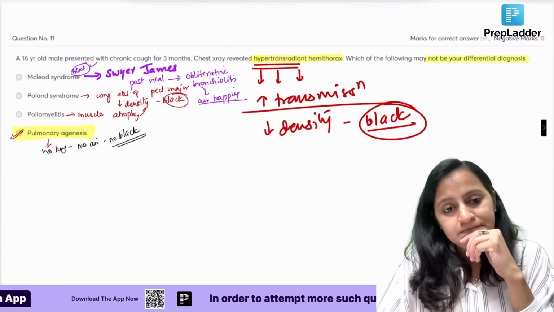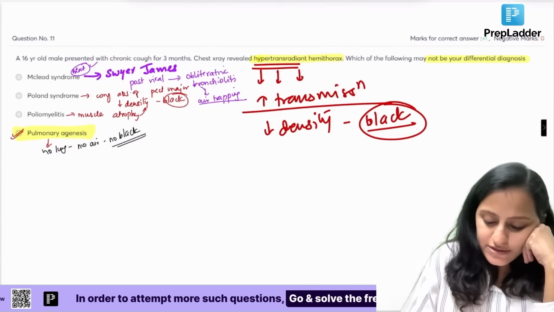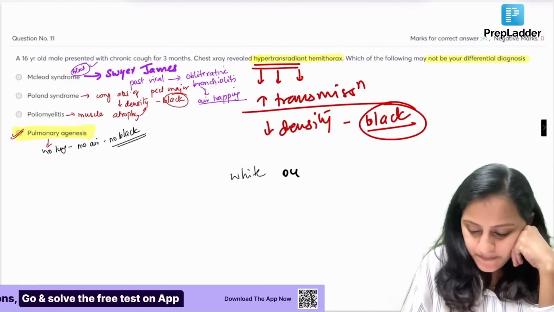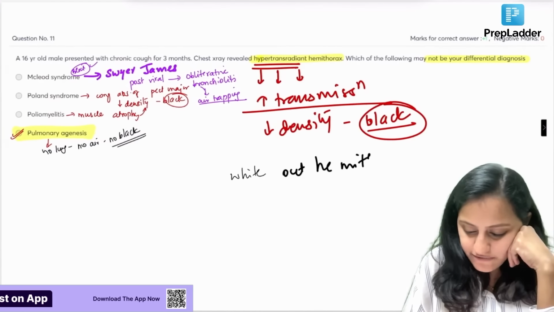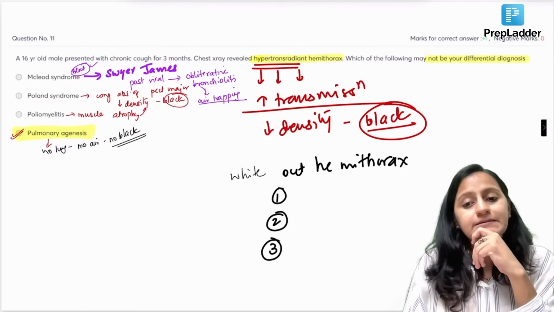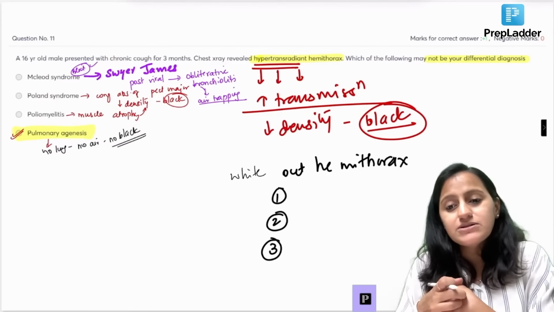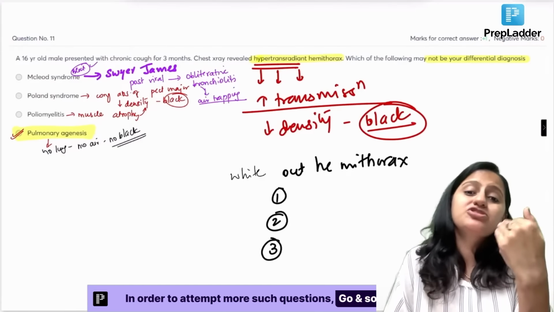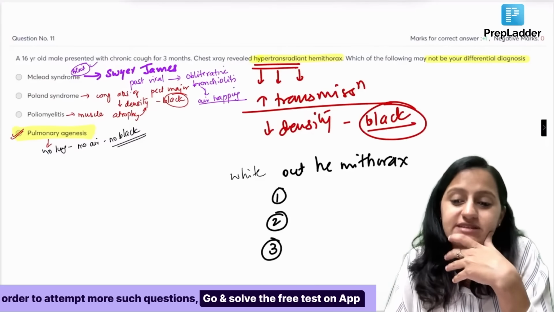Okay. And what are the three main causes of whiteout hemithorax that you should always remember? We have discussed this in our videos. You differentiate them based on the tracheal shift: same side shift, opposite side shift, no shift.